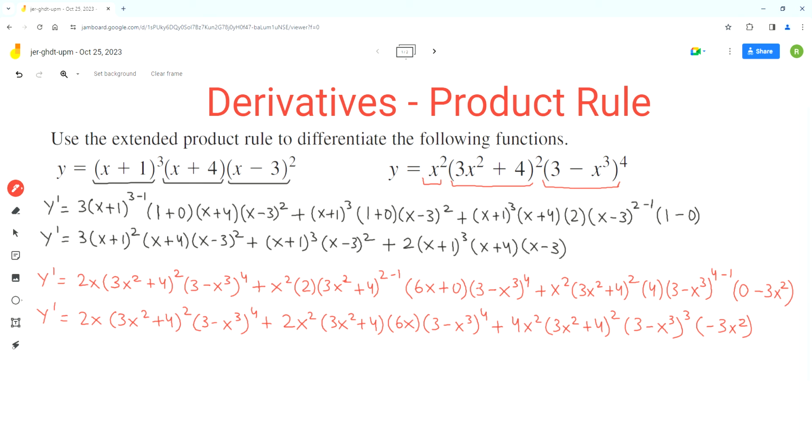So now in the next step we can simplify the second and the third part. The first part will stay the same, so 2x and then (3x squared plus 4) squared times (3 minus x cubed) exponent 4 plus, now we can multiply this 2x squared by 6x.